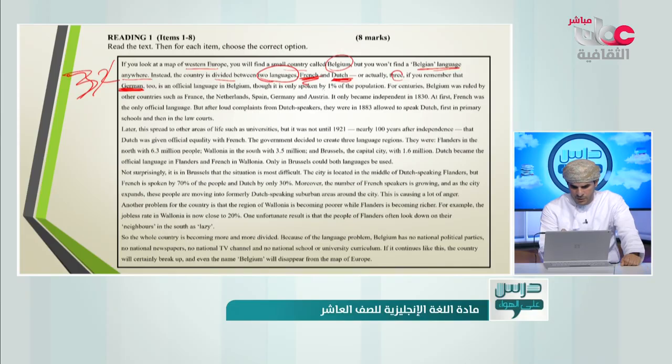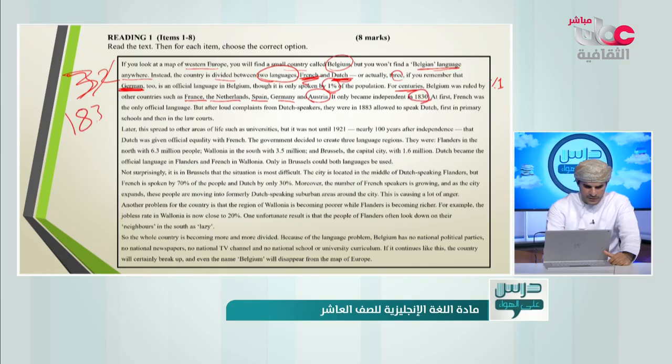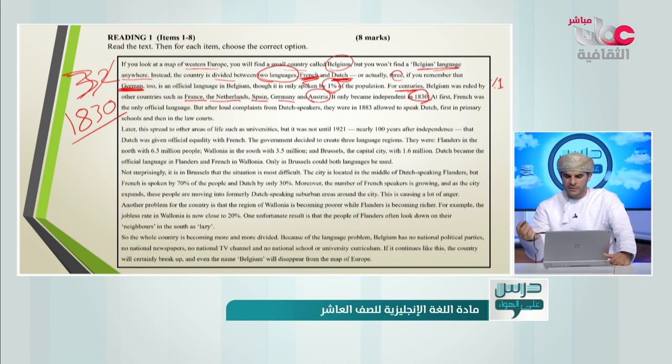Though it is only spoken by 1% of the population. For centuries, hundreds of years, Belgium was ruled by other countries such as France, the Netherlands, Spain, Germany, and Austria. It only became independent in 1830. Independent called the country in 1830.